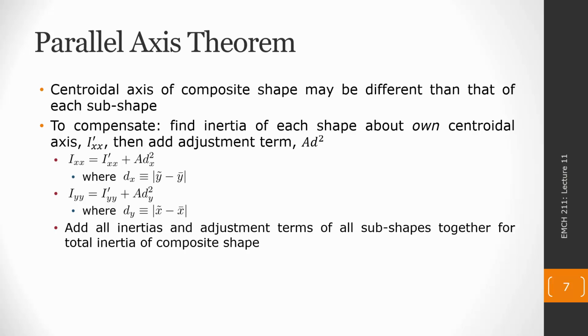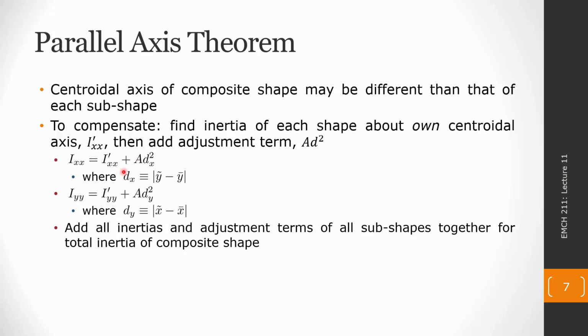So we're going to need to make a compensation here called the parallel axis theorem. If we want to know how does a subshape resist bending around the x-axis, the horizontal axis that passes through the centroid of the entire shape, we are looking for what notation-wise I'm going to call I sub xx. But those calculations, the 1/12 bh cubed, that is telling us what I am going to be calling I sub xx prime.